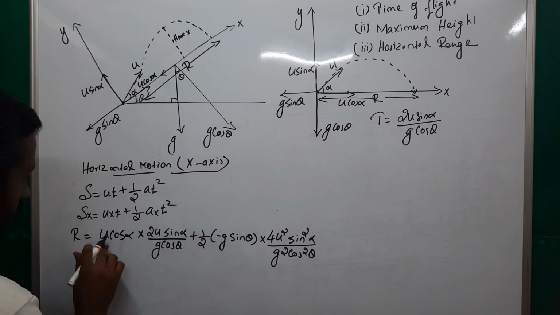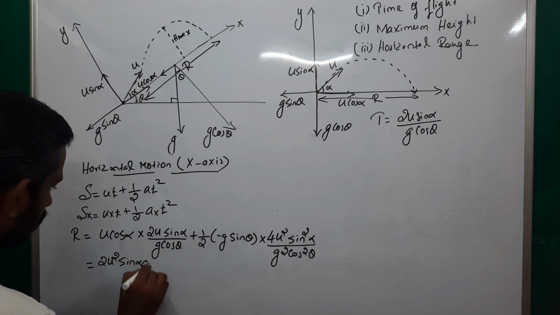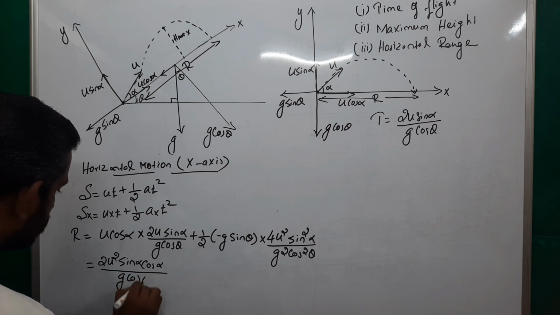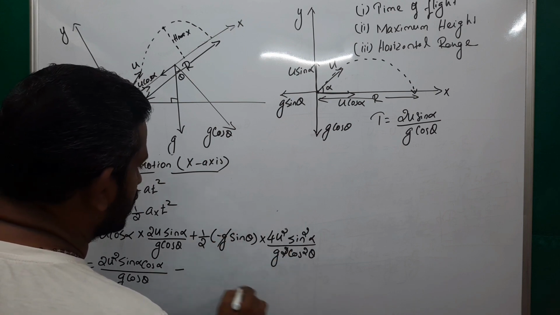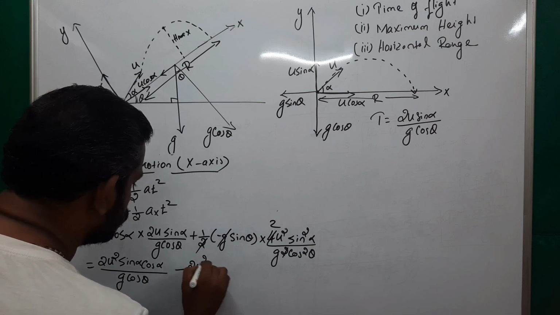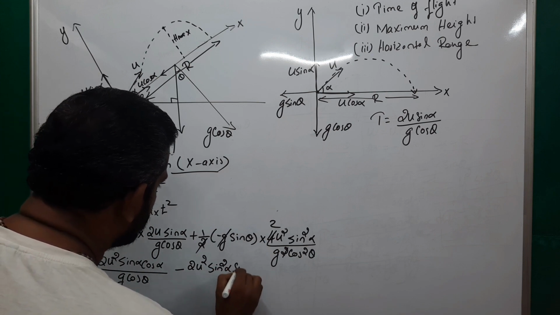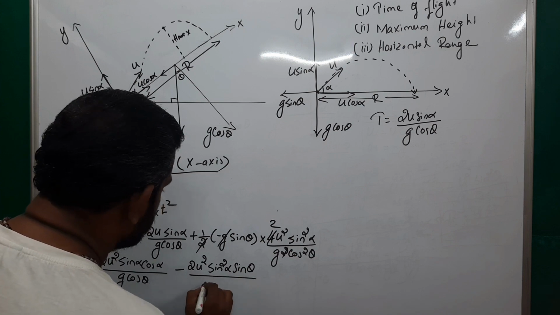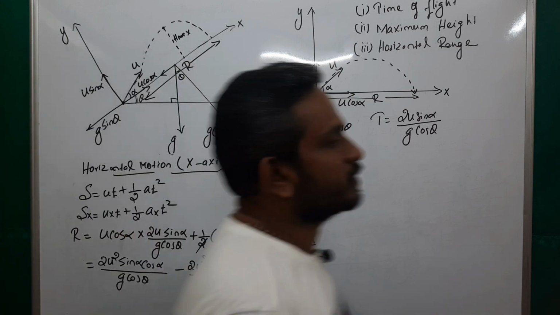So that is equal to u into u, that is 2u square sin alpha cos alpha divided by g cos theta, minus, so one g cancels, 2u square sin square alpha into sin theta divided by g cos square theta.